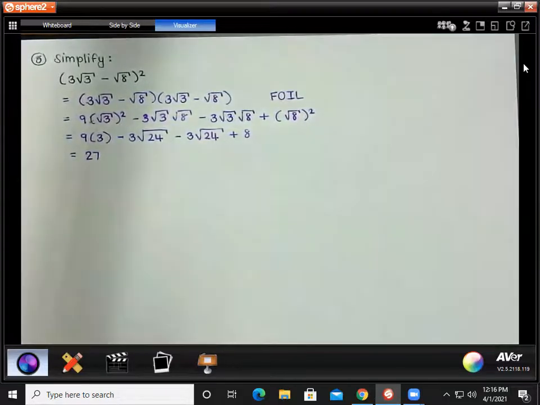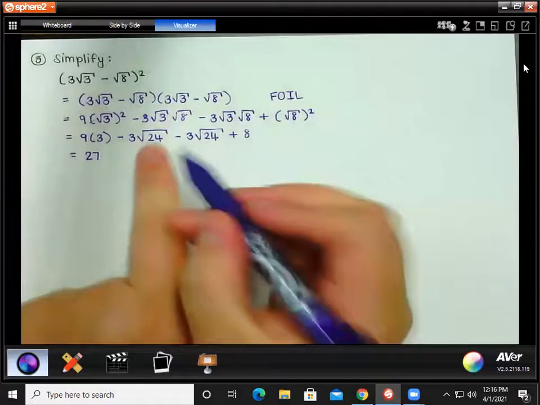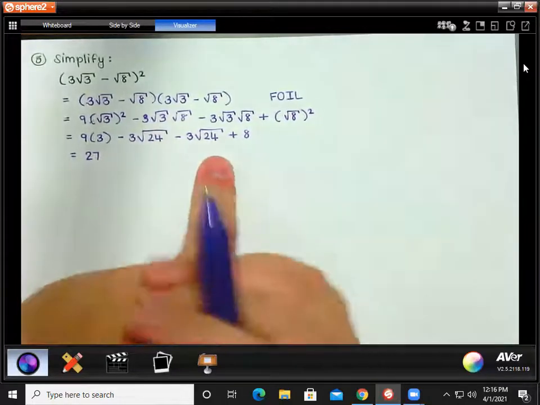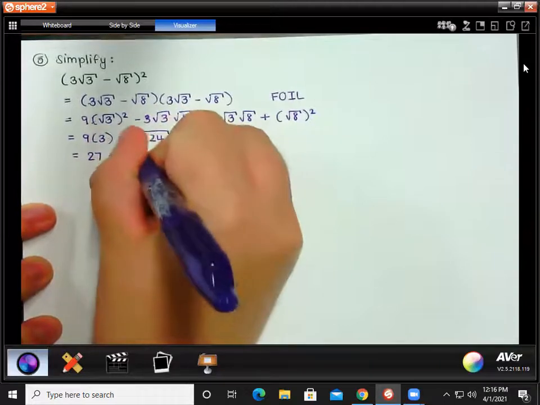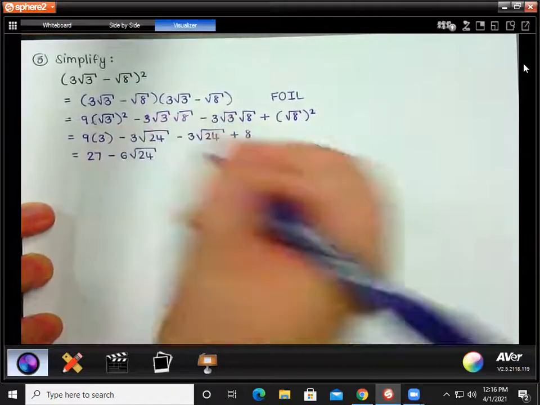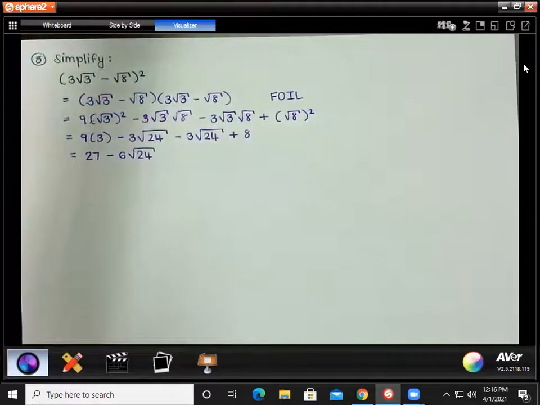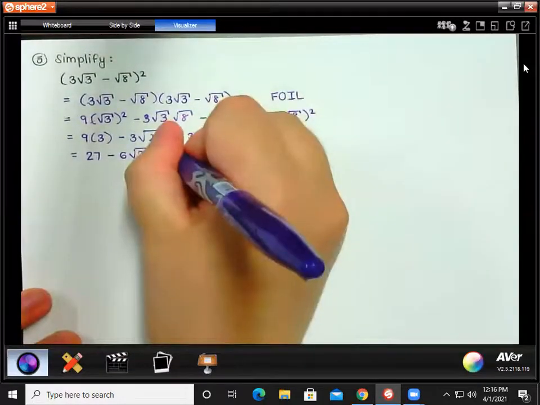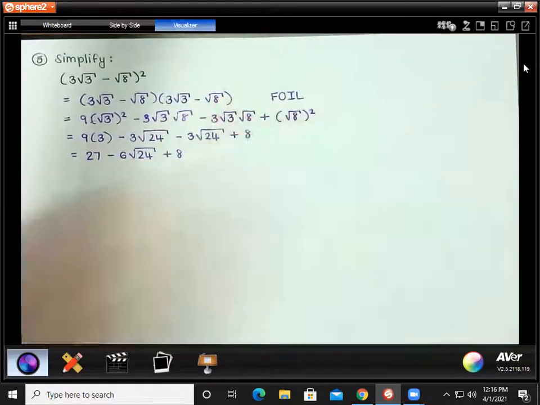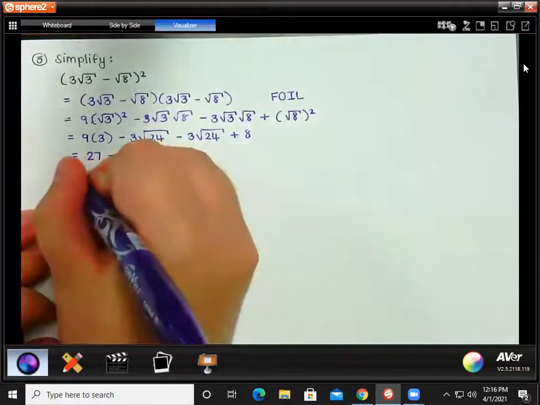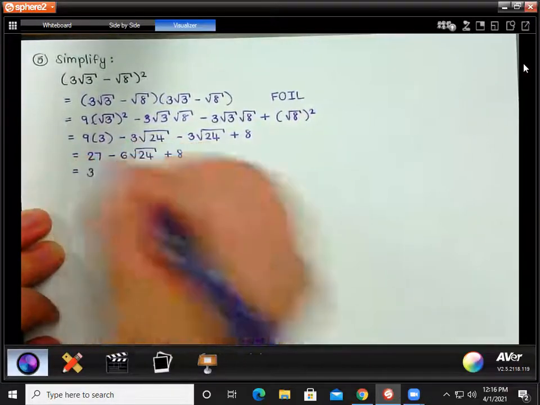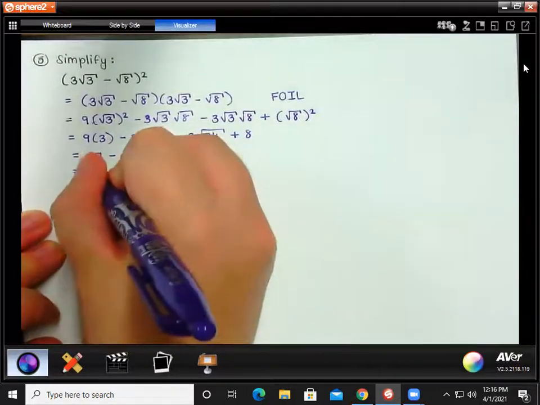Is it fine with you guys if I put it as 1 term? So negative 3 minus 3 is negative 6. Okay, so I'm just simplifying those middle terms, and then we have a plus 8. What is 27 plus 8? 35, hey?